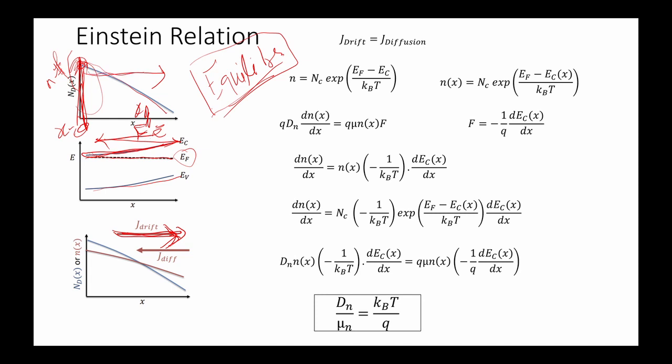So there is diffusion of electrons, and the current will be opposite to the diffusion of electrons. So this is the direction of J diffusion, which is in the negative x direction.